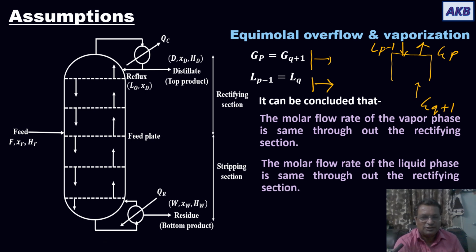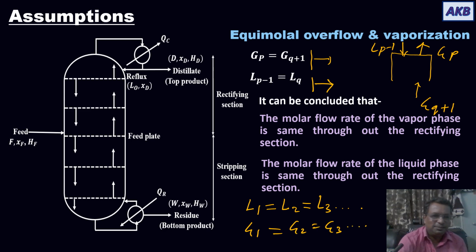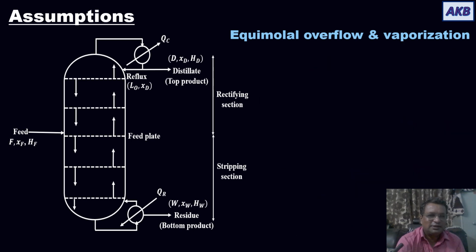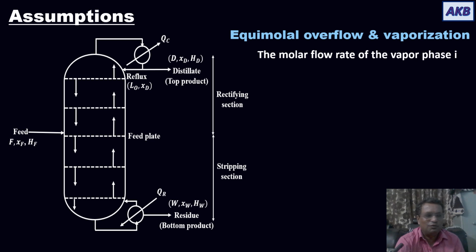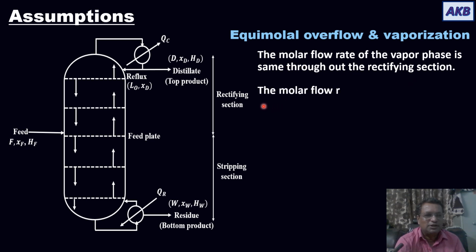Okay. So for the rectifying section, you can write liquid flow from tray 1 is equal to liquid flow from tray 2, and so on and so forth. Similarly, vapor flow from each tray is the same, and this is nothing but the principle of equimolar overflow and vaporization.